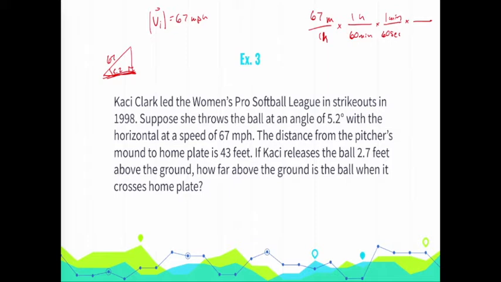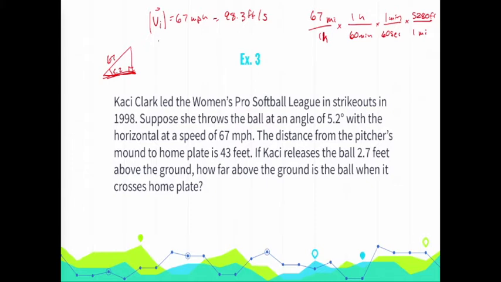But we also want 1 mile to convert that to feet, and that's 5,280 feet. So 67 times 5,280 divided by 3,600 is going to give us an answer of 98.3 feet per second. Which is a much better unit to use for this problem. So 98.3 feet per second is our initial velocity.